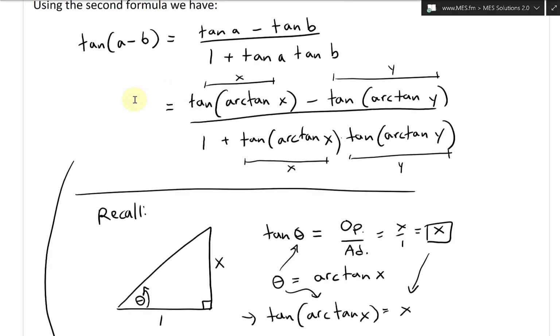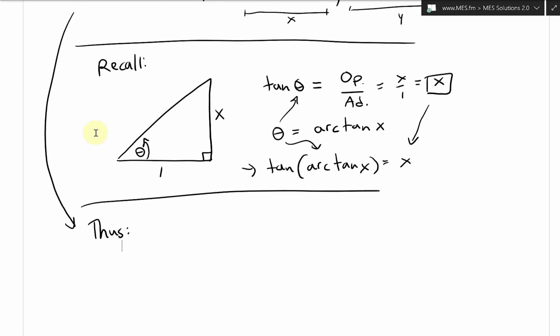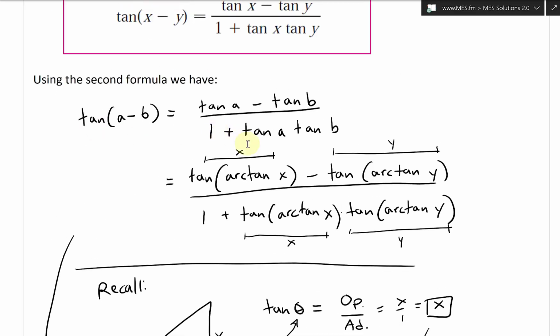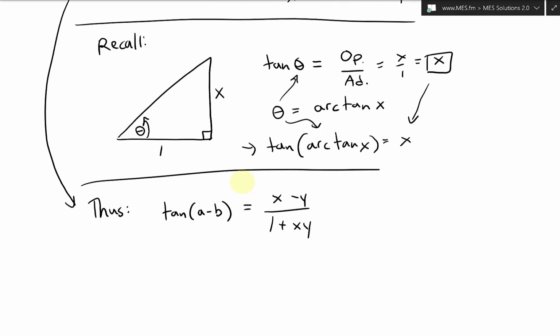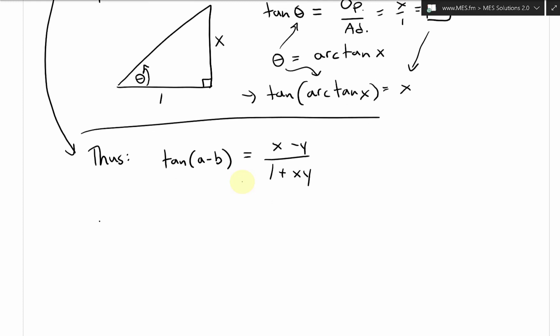So thus, tan of a minus b equals x minus y divided by 1 plus xy. And now when we take the arctan of this, take the inverse, this means a minus b is equal to arctan of x minus y divided by 1 plus xy.